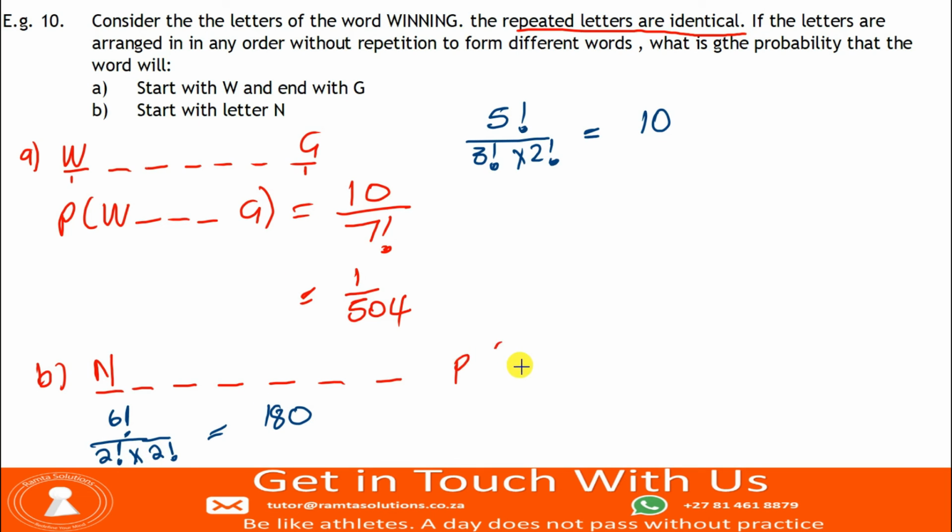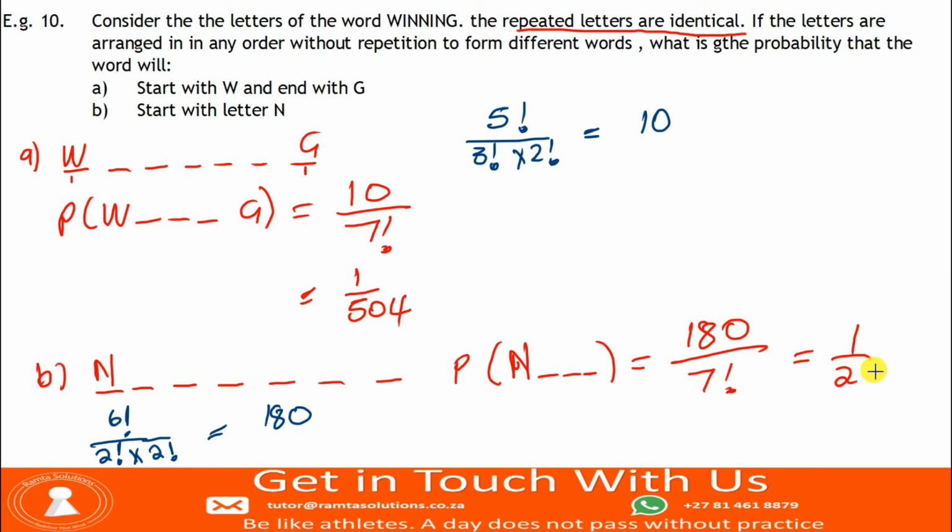So the probability that you're starting with the letter N is 180 over 7 factorial, which is 1 over 28.